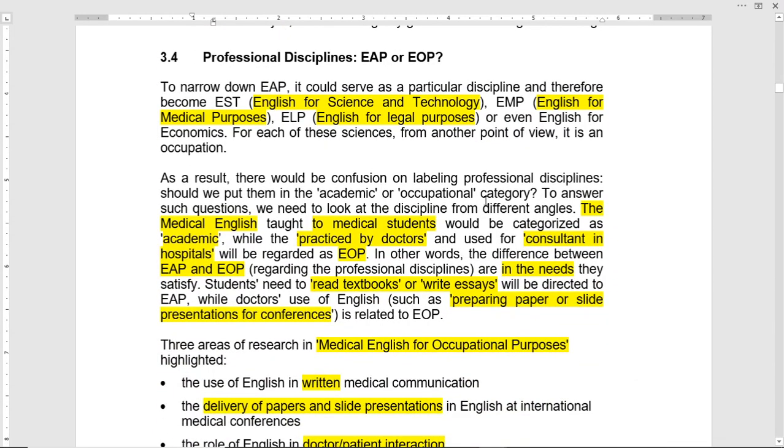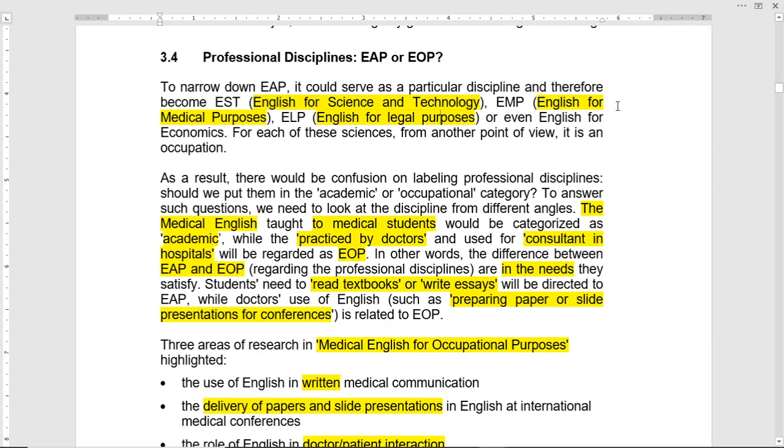Then from English for academic purposes, we narrow it down to professional disciplines, whether it is in EAP or EOP, English for academic purposes, or English for occupational purposes. To narrow down EAP, it should serve a particular discipline and therefore become EST, English for science and technology.